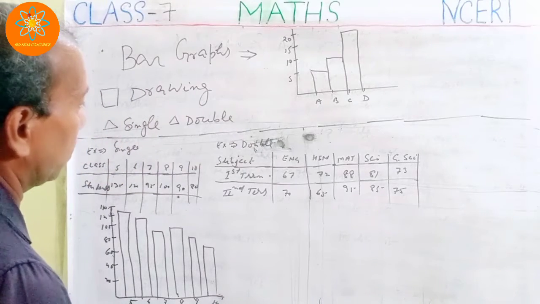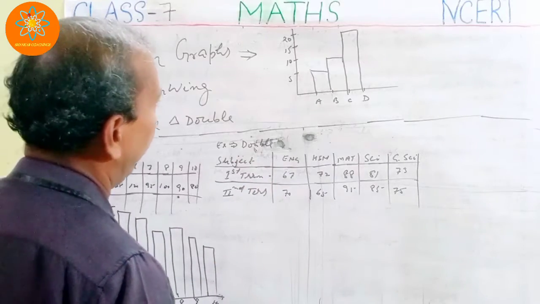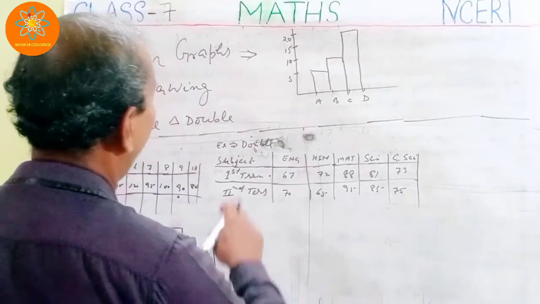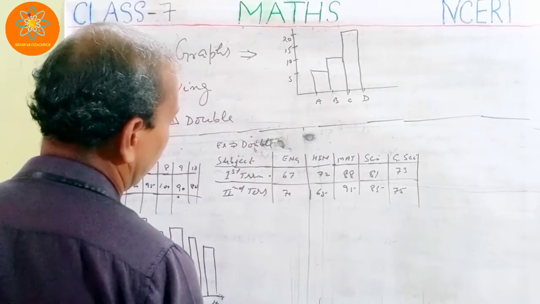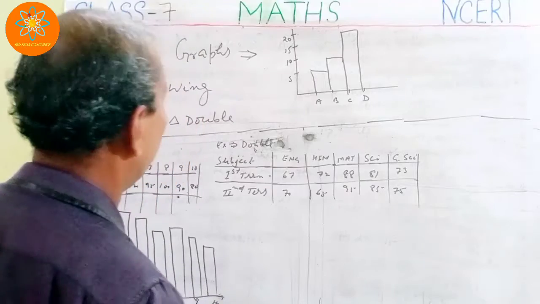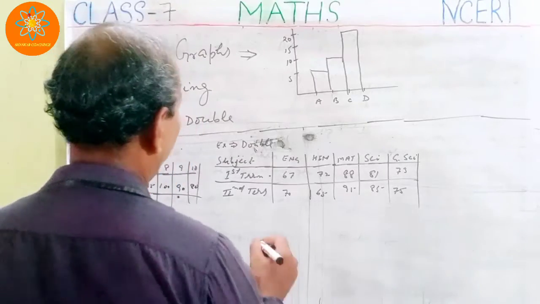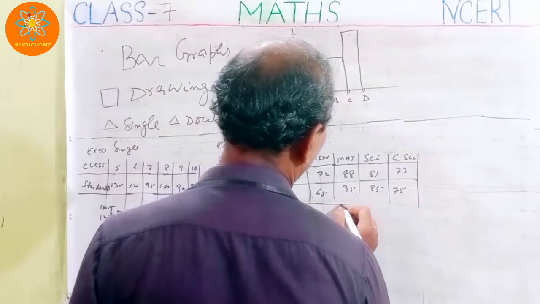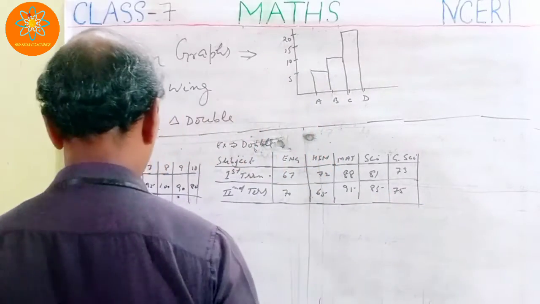So this is the example of the double bar graph. Why? Because we have two data for the same subjects, and two terms are there, that is first term and second term. Okay. Now we will draw the graph.